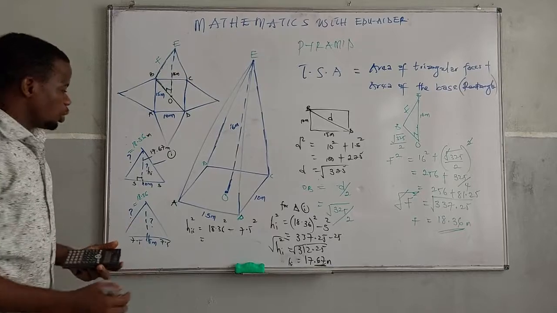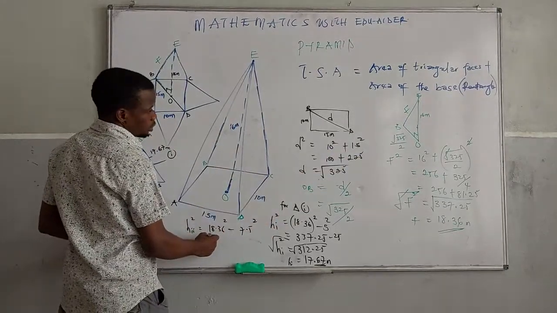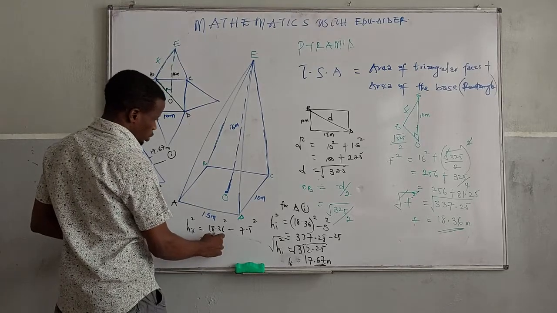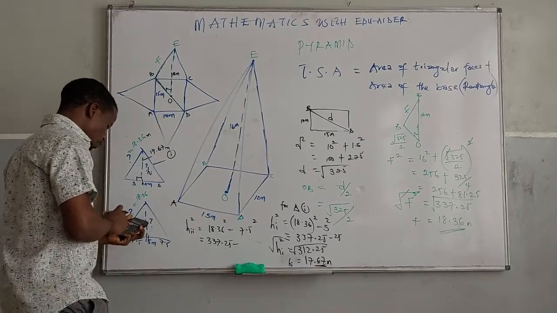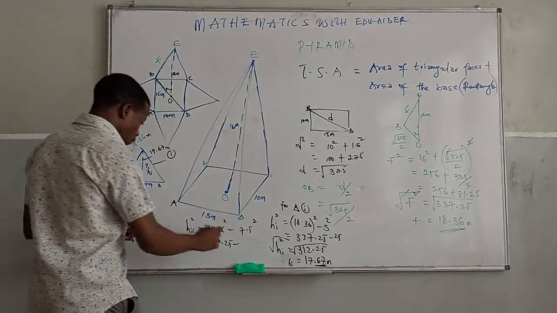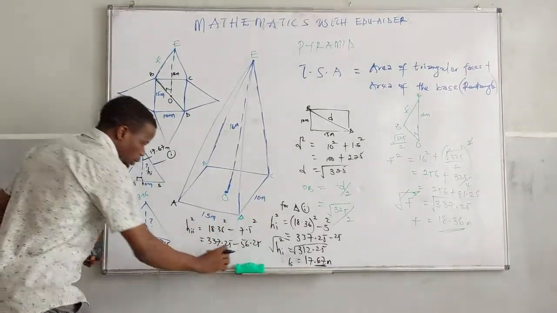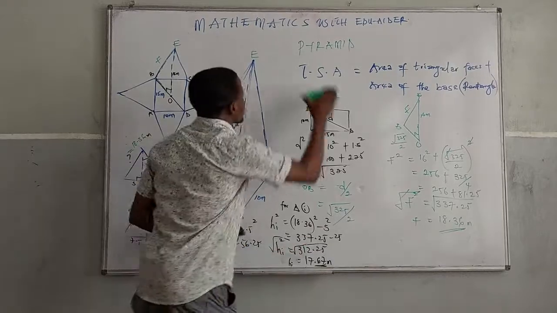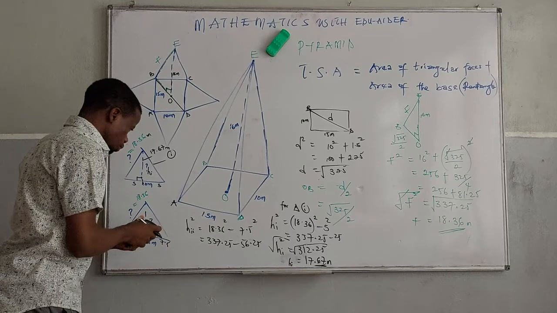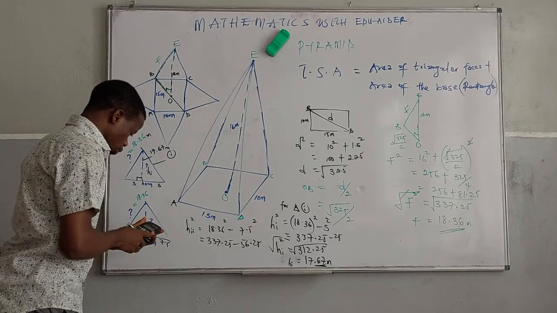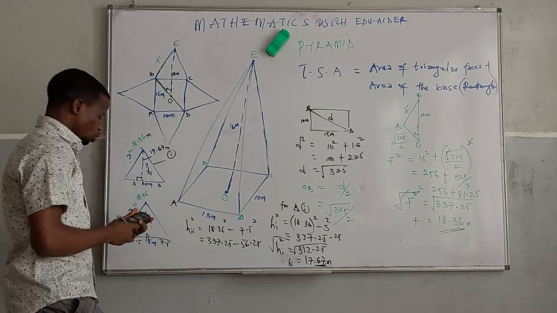So what do we do now? What do we get? I'm going to be getting 18.36 squared is 337.25 minus 7.5 all squared. That is 56.25. So what do we get next? We're going to be having this subtracted. So 337.25 minus 56.25 is 281.